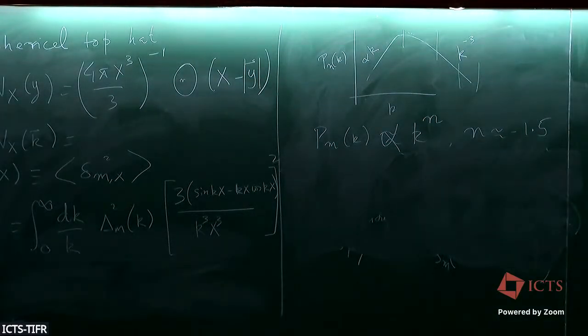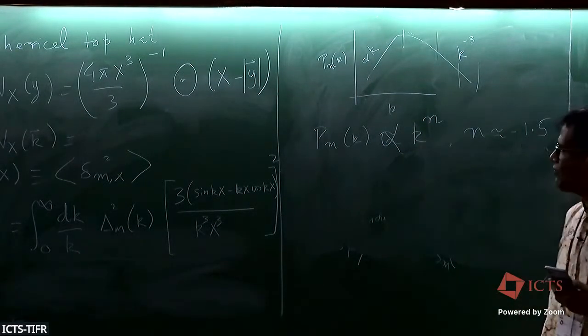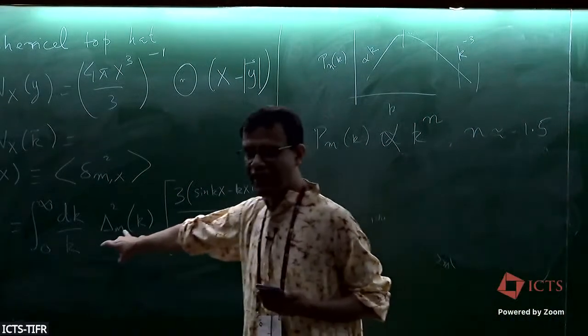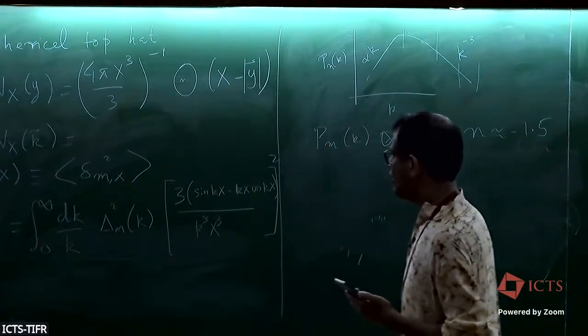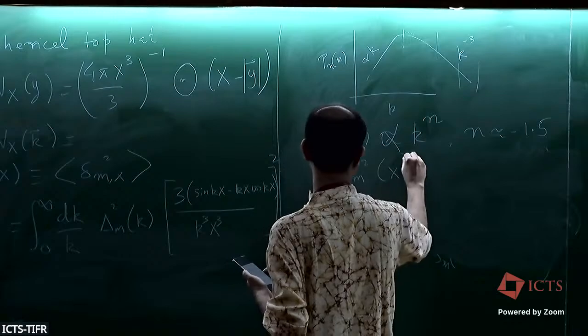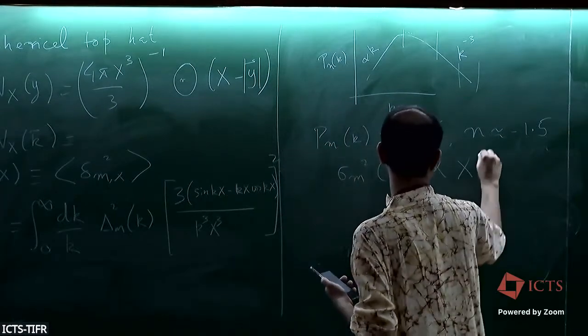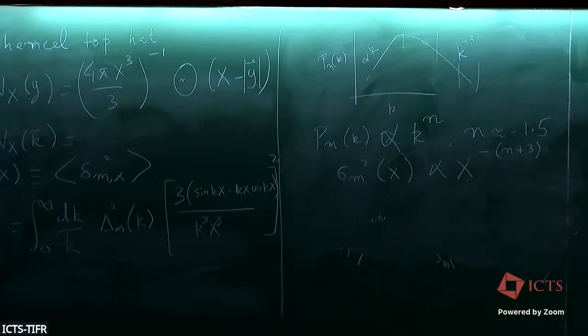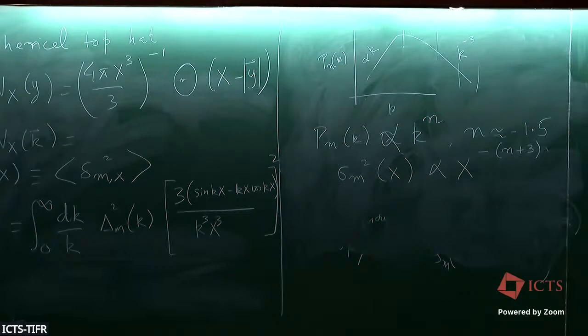But suppose I use P to have the form k to the n, then just by doing some dimensional analysis, what you will be able to show is that sigma m square x will go as x to the minus (n plus 3), where n is minus 1.5.